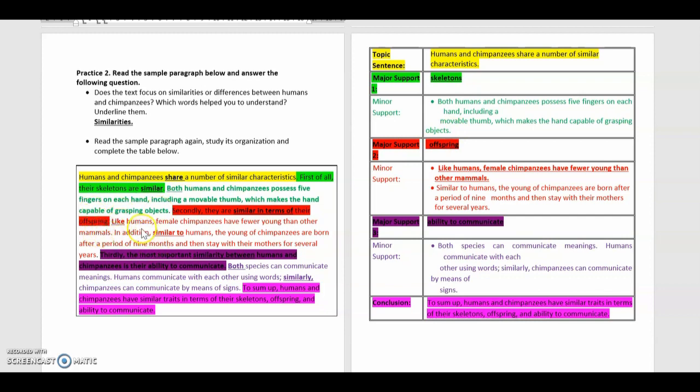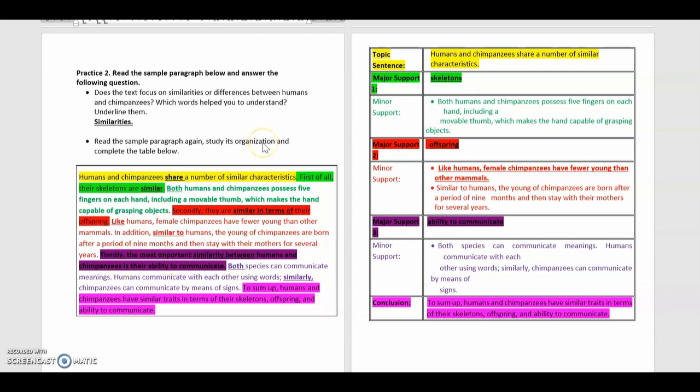So, like humans, female chimpanzees have fewer young than other mammals, and it gives more explanation here in red. The ones highlighted in red or green are major ideas, and the parts written in different colors are mainly the minor supporting ideas, just for your information.